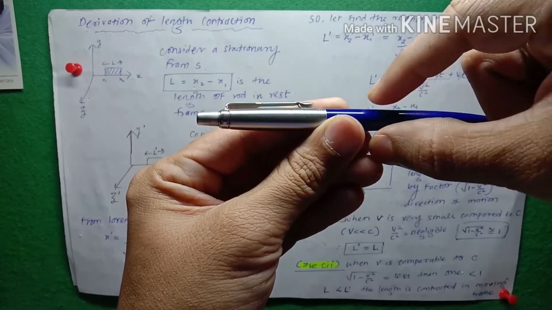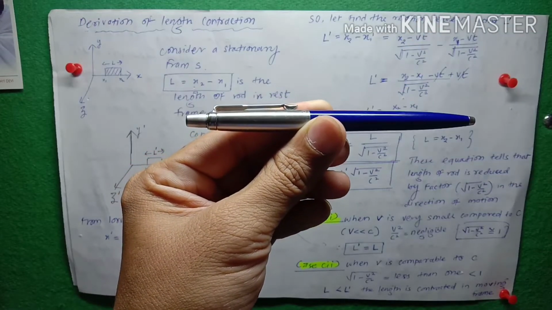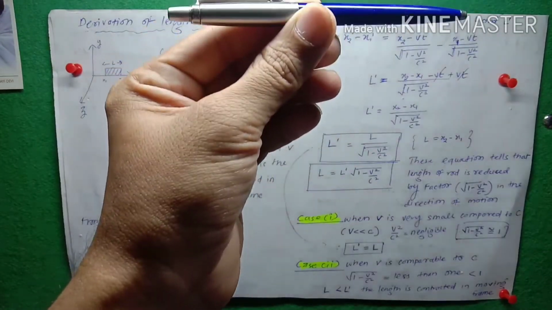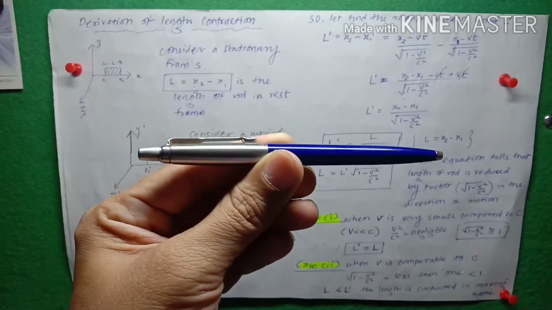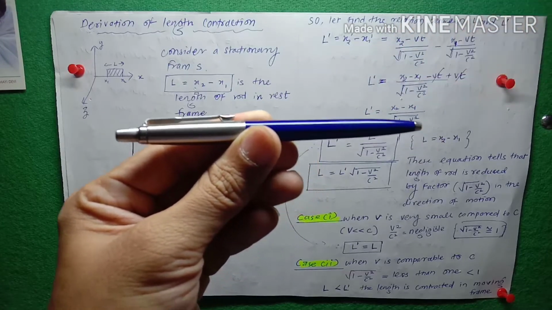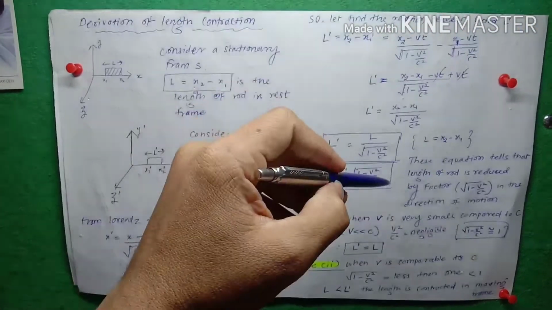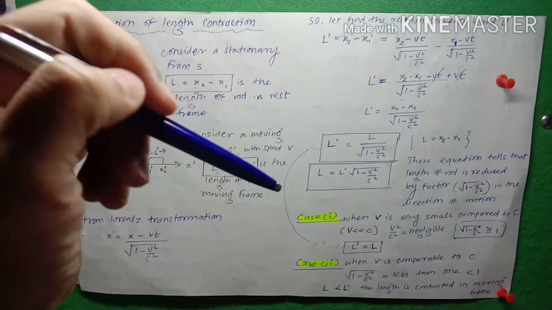The diameter of the pin will not decrease, it will remain as it is, because the pin is not moving upward or downward, the pin is moving to the right hand side. So only along the direction of motion will the length decrease. That is the meaning of the length of the rod being reduced along the direction of motion.